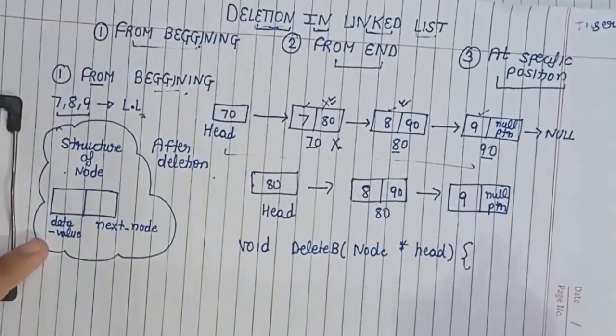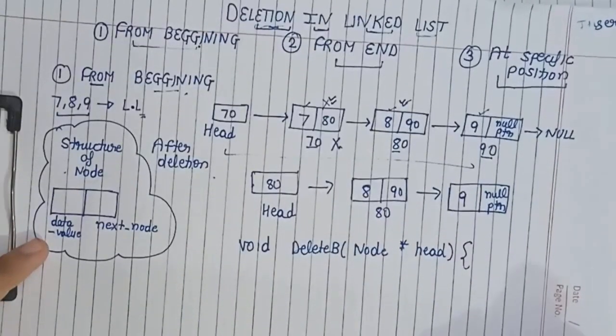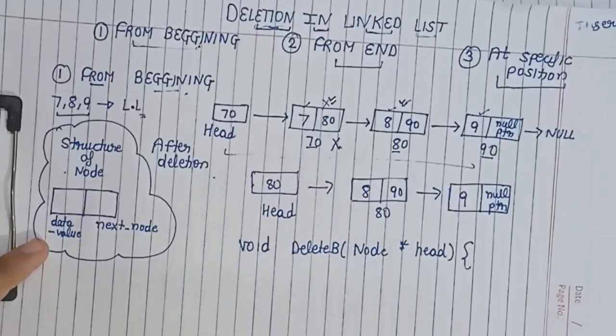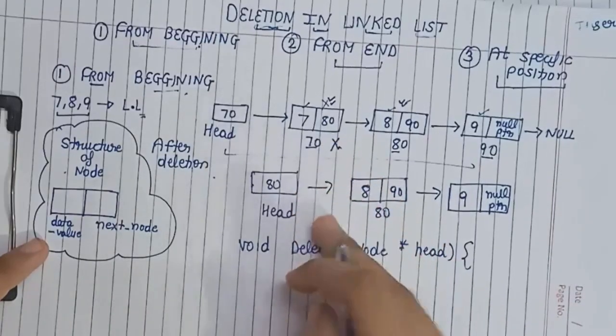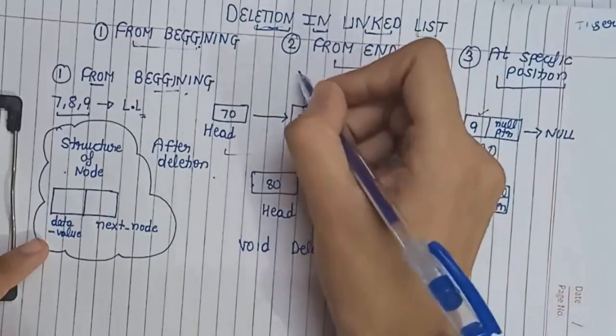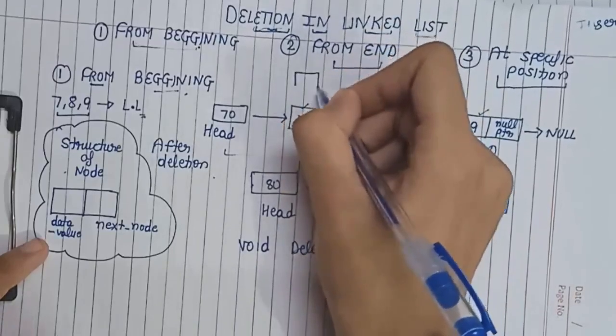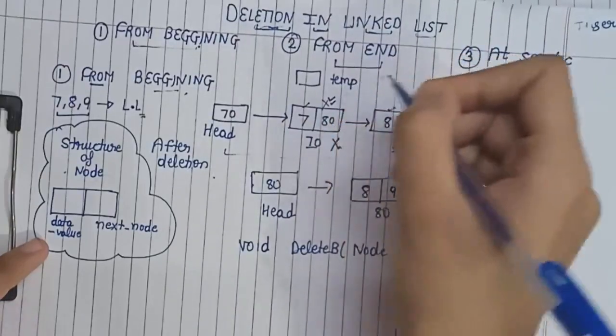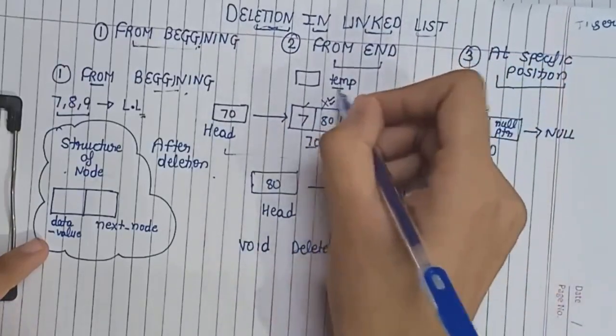Before writing the code, let me make you understand the concept that we are going to use in this code. How will we do this deletion? For this deletion, I will make a pointer to this first node, and the name of this pointer will be temp.